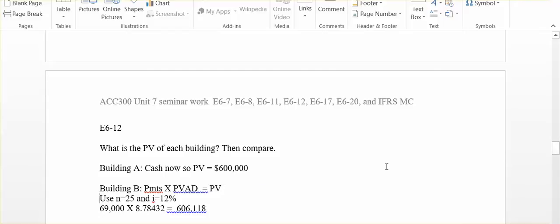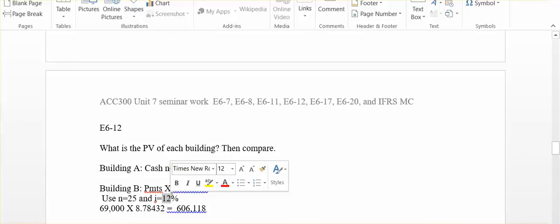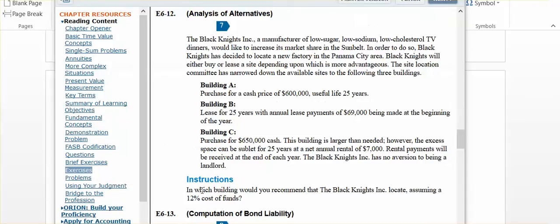So the table we're going to use here is 6-5. We know it's 25 years, and we know that it's 12%, which is provided for us. Let me just show you where it's in the instructions. It says, in which building you would recommend assuming a 12% cost.